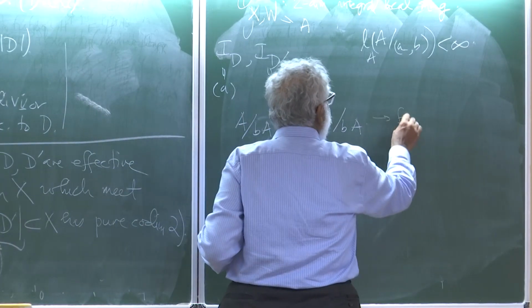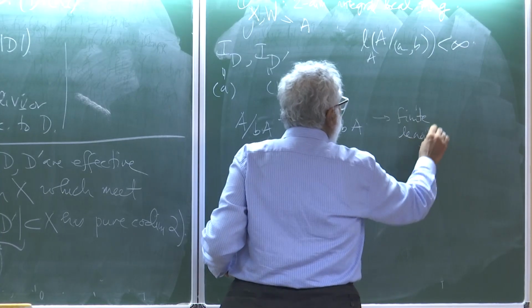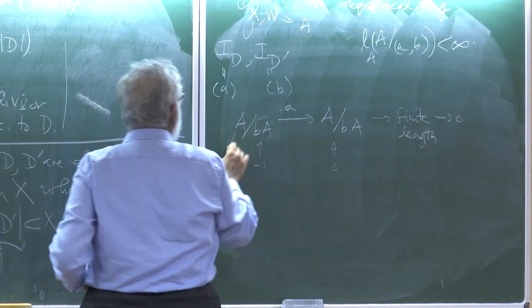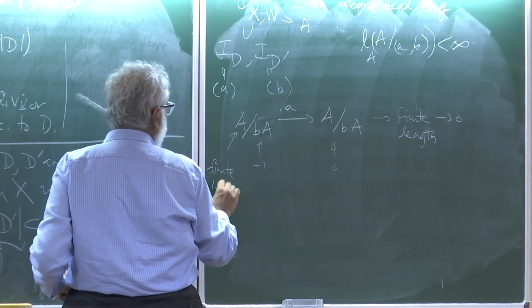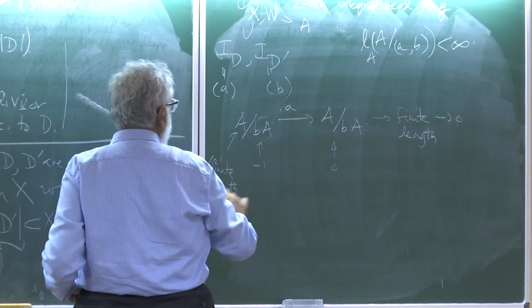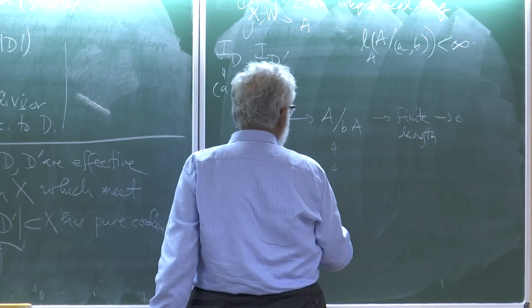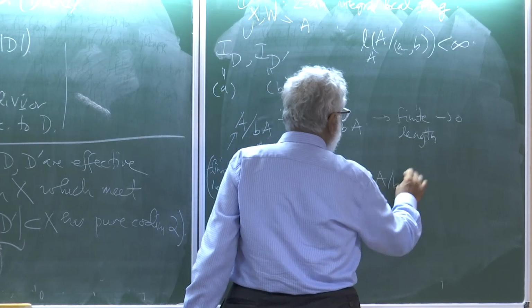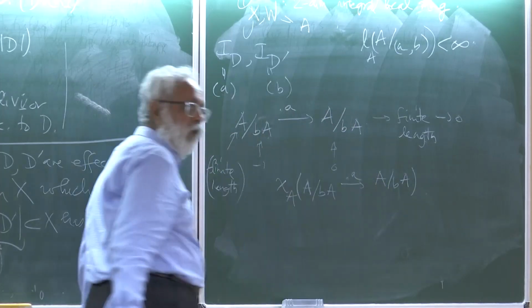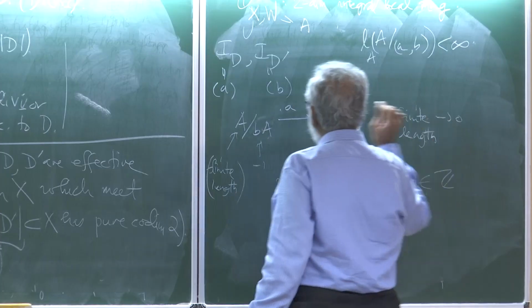So this has finite length. And the kernel also will be finite length. So I can make sense of an Euler characteristic over A of this complex. This makes sense. It's the length of this minus length of that.